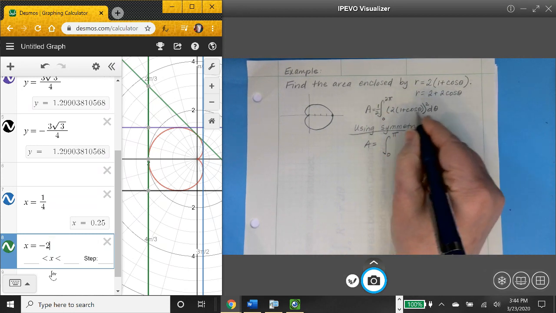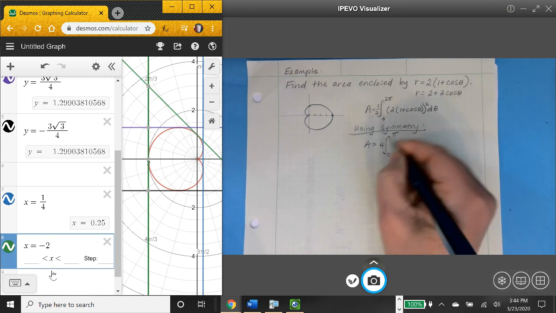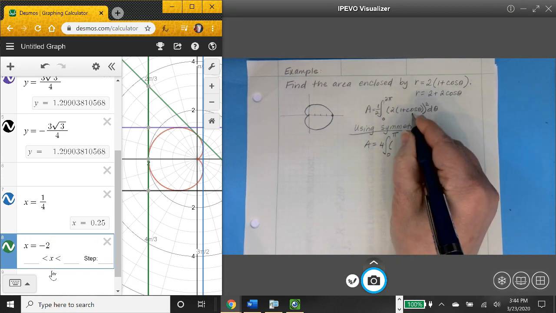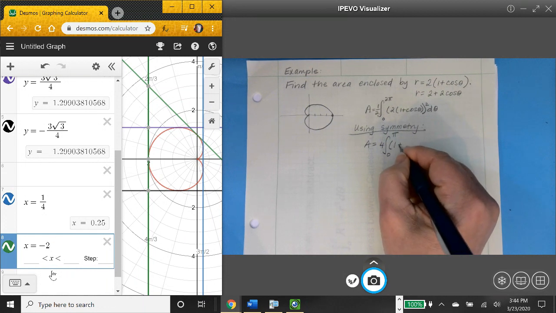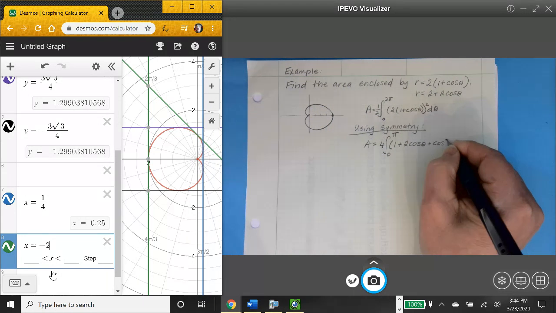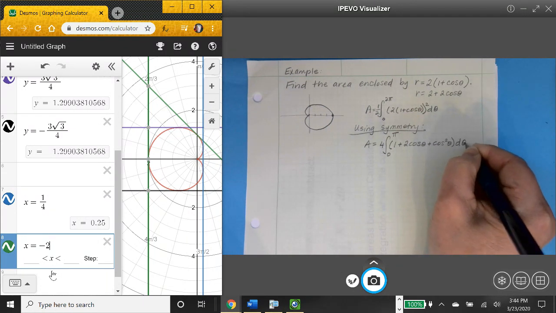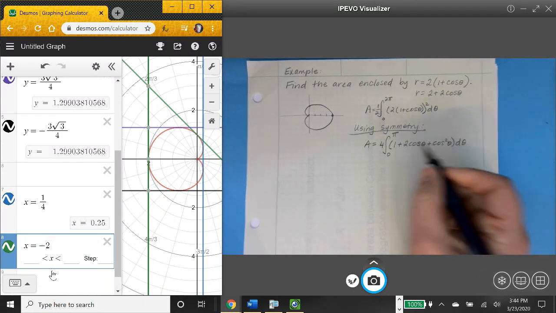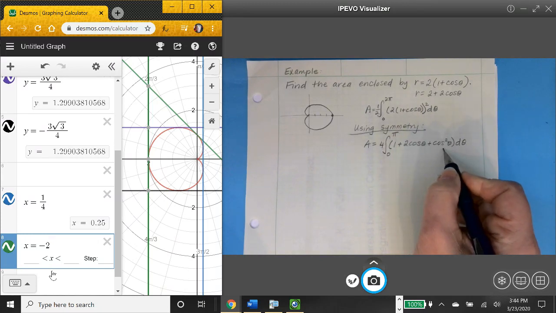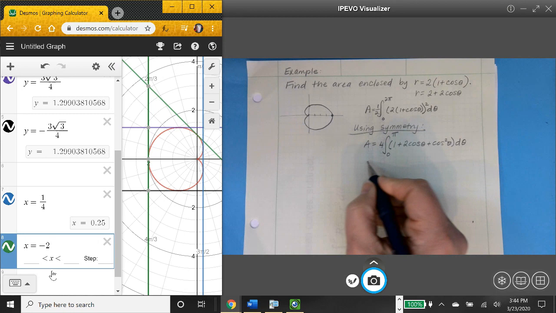And the only way we can do this is to multiply it out. So I'm going to bring the 4 out in front, because I square the 2 and I get 4. And then I have to multiply this out. So I'm going to go 1 plus 2 cosine theta plus cosine squared theta d theta. Now I can integrate the 1 and the 2 cosine theta very easily, but I have to use the power reducing formula for cosine. So let's do that.